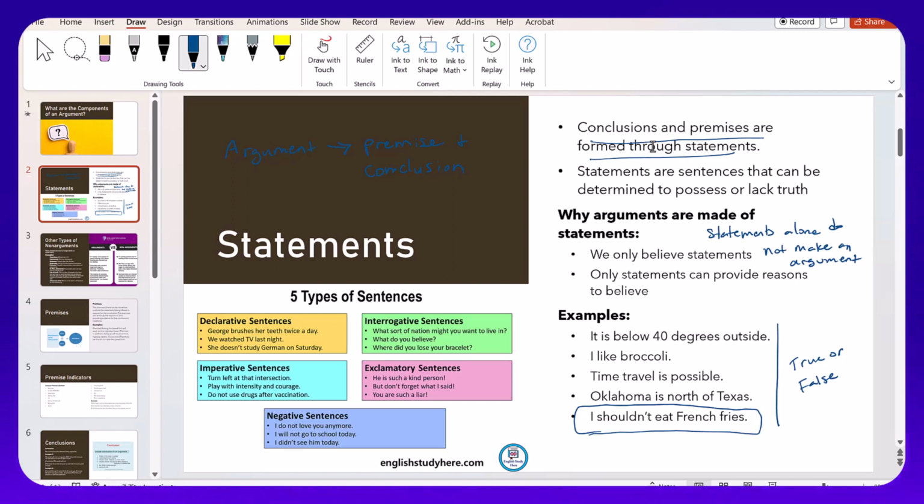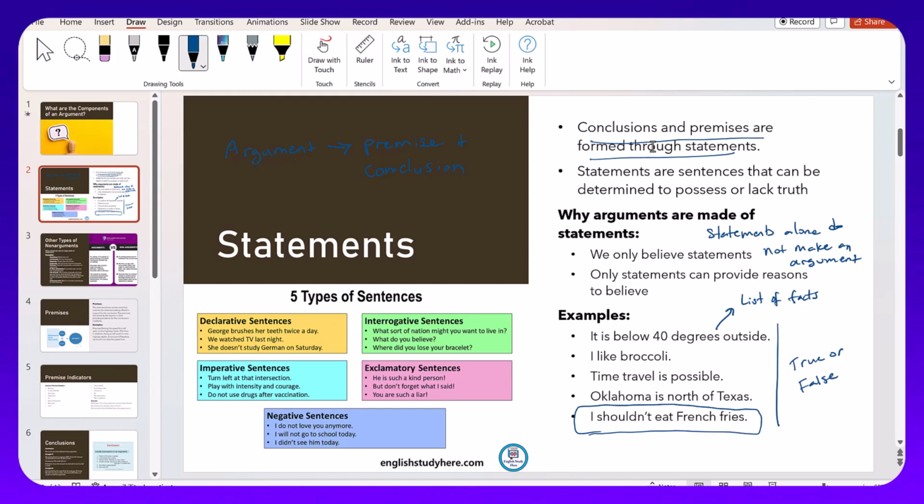However, if it's made up of multiple statements, and you see certain ones that have indicators that it could lead to an argument, you can at least use those to then explore further, versus if you see something where it just says it is below 40 degrees outside, it's unlikely that's expanding beyond that. This is probably just going to be giving what we'll see is a list of facts.